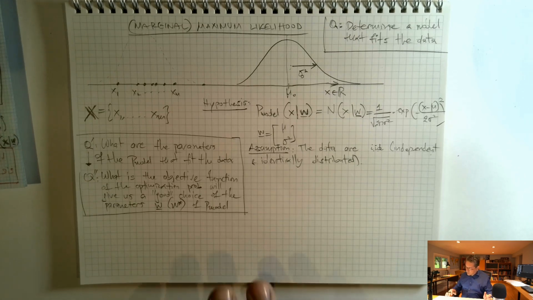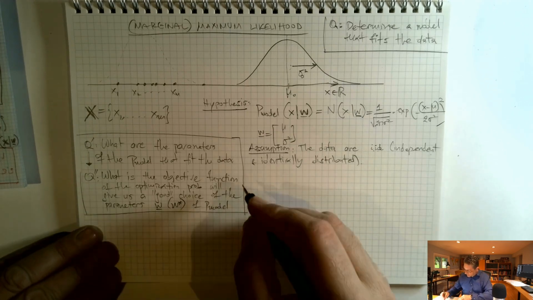The only thing we have at our disposal is our p model, and that we have to provide as a hypothesis. And now we'll need to define this objective function after we make this assumption. The p model, however, the moment we have lots of data, can be written as follows.